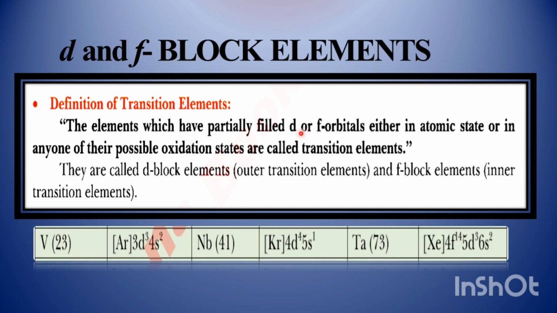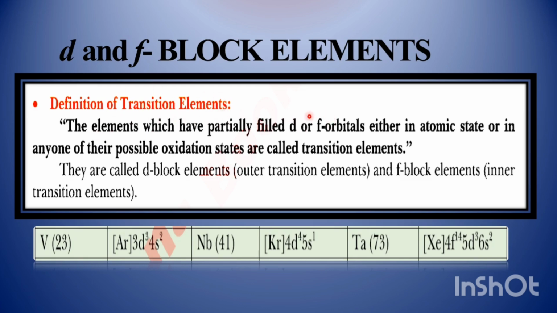Students, you already know that if the valence electrons lie in the D subshells, they are called D block elements, and if the valence electrons lie in the F orbitals, they are called F block elements. Now students, according to the definition, only the elements which have partially filled d orbitals will be called transition elements.